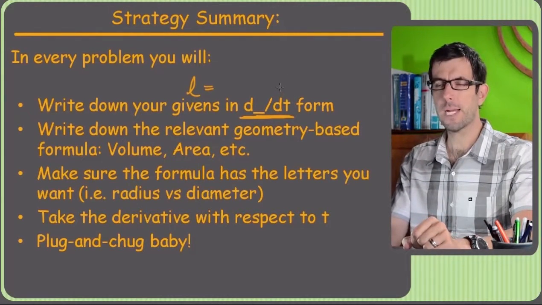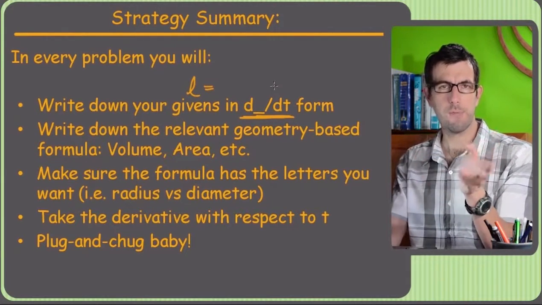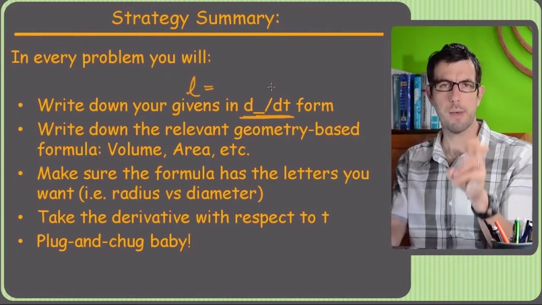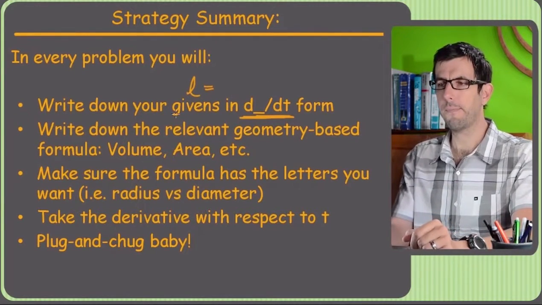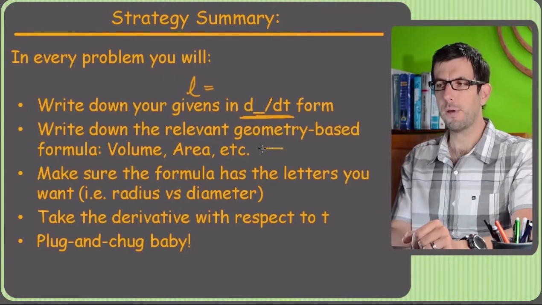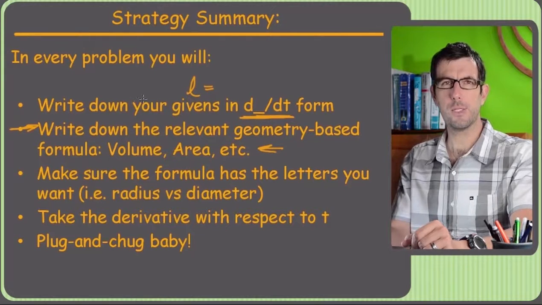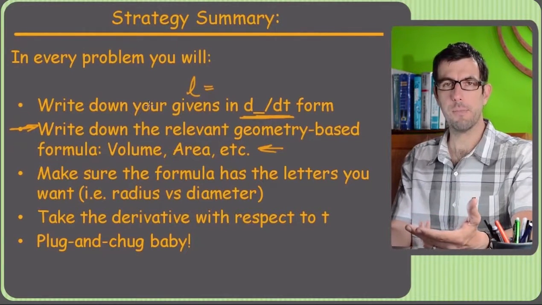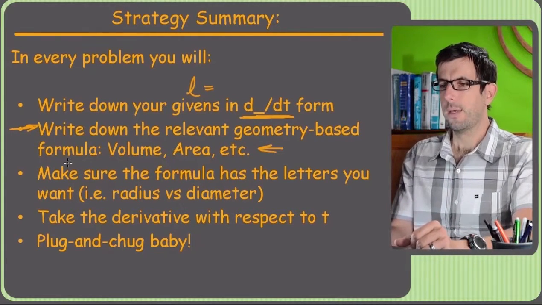That also gives you a lot of practice, because the hardest part about these problems is taking those words like rate of change, or something is growing by whatever at whatever rate, and turning that into variables to plug in. Then all we have to do is come up with a formula which has similar letters to what we're looking at. So if it's an area problem, use an area formula. If it's volume, use a volume formula.